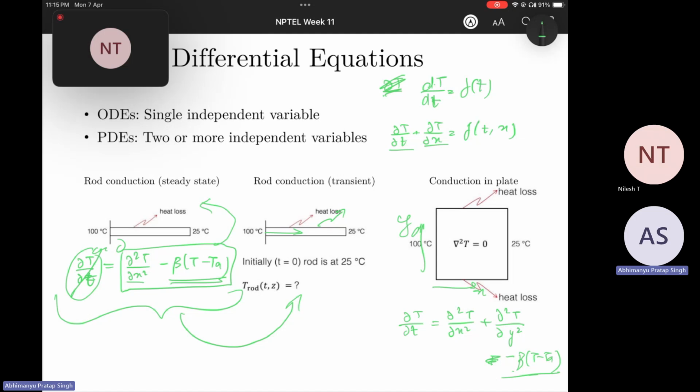Once we let it run for a long duration, the time term becomes zero, and we get only these equations. If we remove the heat loss, then we simply get the equation I think is called the Laplace equation. We will see how to solve this transient problem using the normal method of lines, and then how to do this using FDM, forward in time and central in space.